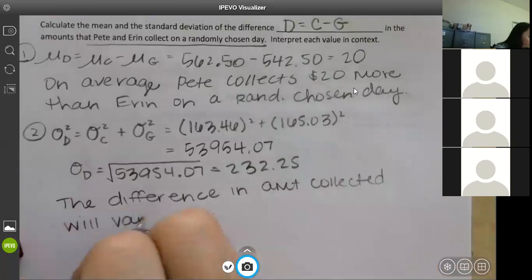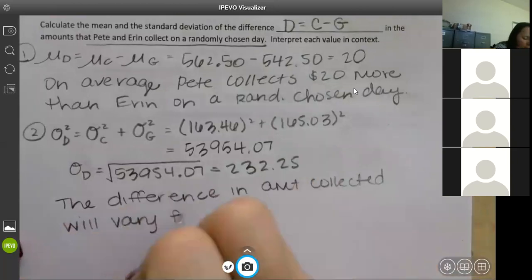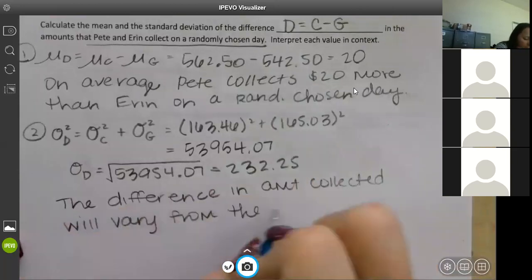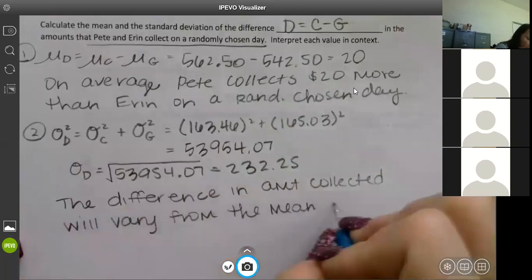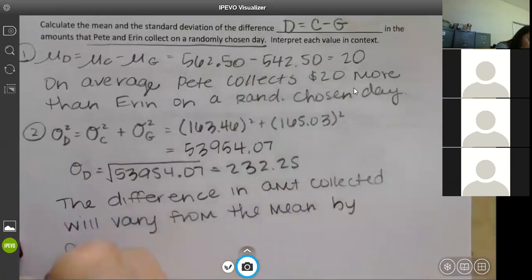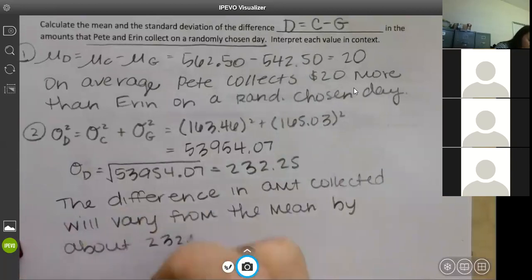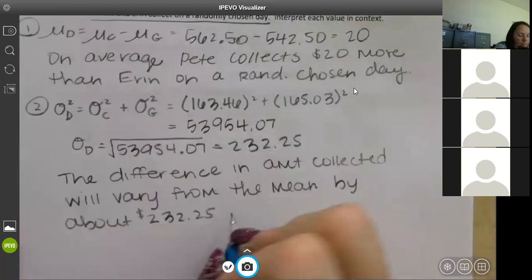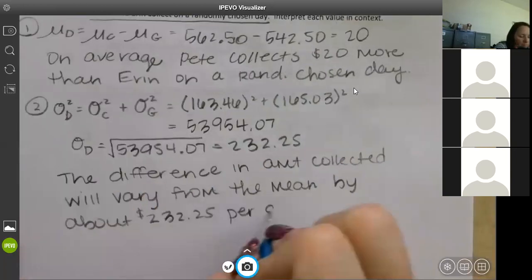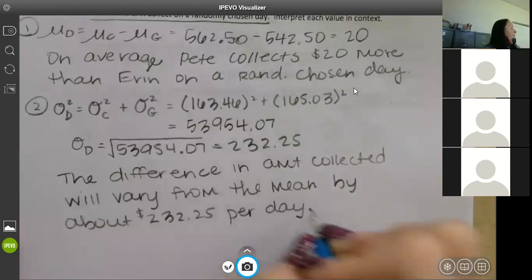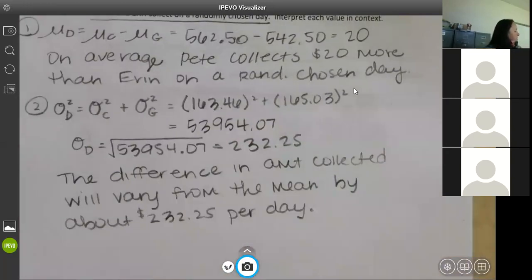The difference will vary from the mean by about $232.25 per day. So it could be more, it could be less. They don't know. It just varies.